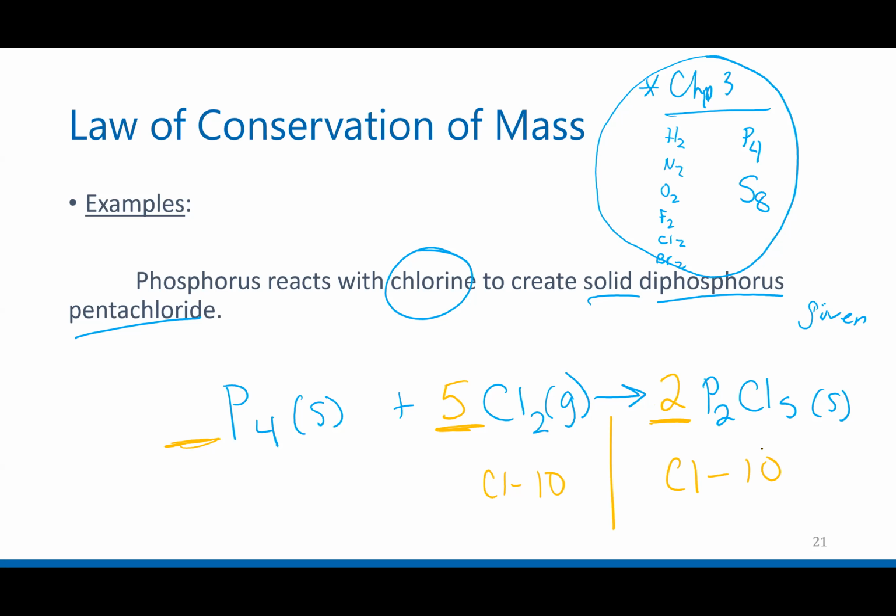Now, because I've multiplied the second molecule in the products, the phosphorus, by 2, or I put a 2 in front of it, that means I will have 4 total, and this is already balanced. It balanced itself. Perfect. A lot of times you'll notice that the chemicals actually do balance themselves.